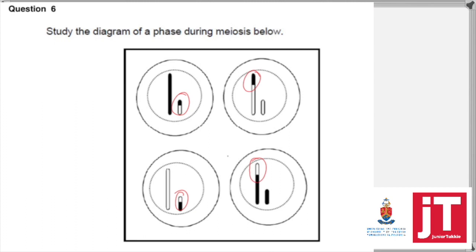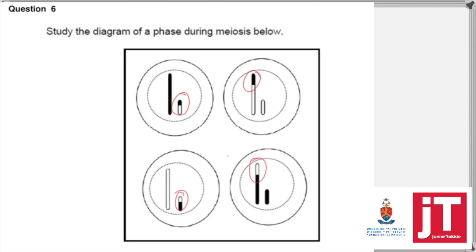If you think for yourself very quickly about what you know about meiosis, there's only one phase during meiosis where we end up with 4 cells, and that is at the end of meiosis 2, which is telophase 2. So simply looking at this diagram and getting a bit of context from the question does help in analyzing exactly what the possible questions could be.